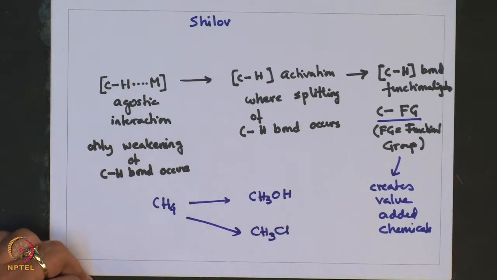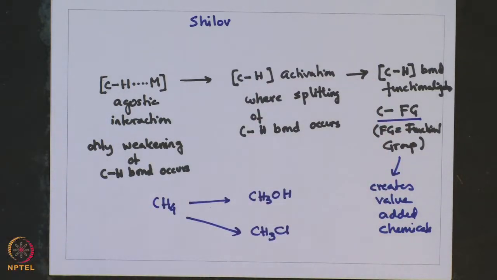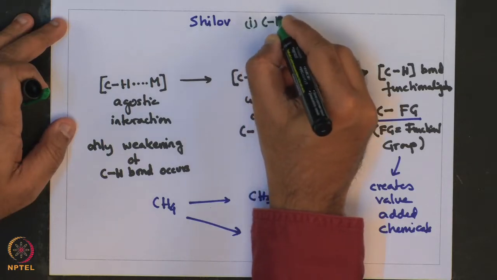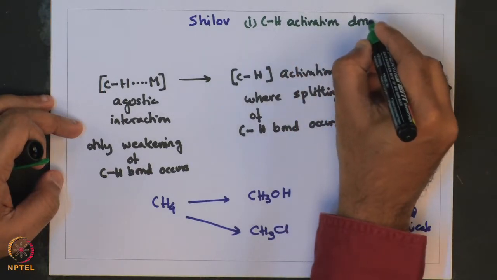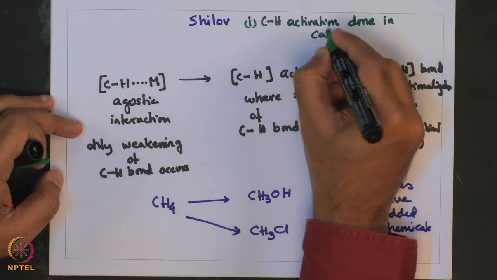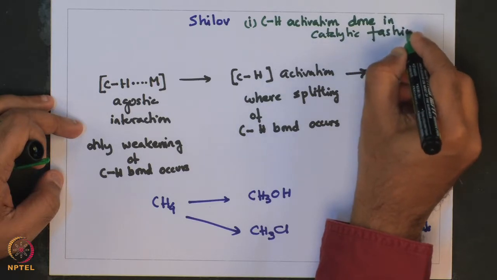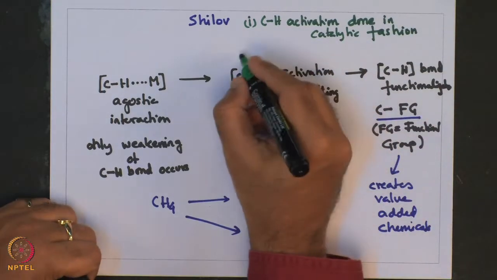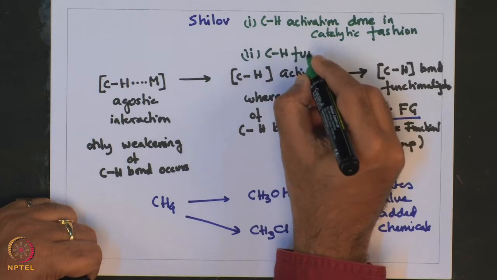In the previous lecture, we have also seen that between these two sequences of CH activation as well as CH functionalization, CH activation was performed in a catalytic fashion, whereas CH functionalization was done in a stoichiometric fashion.